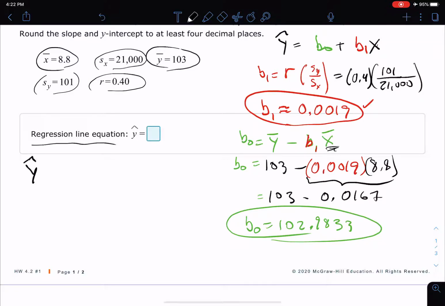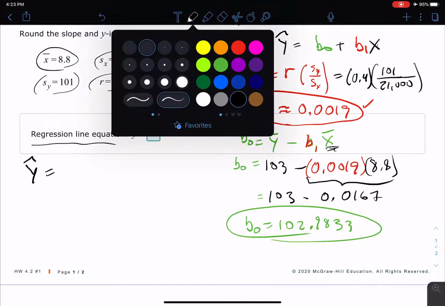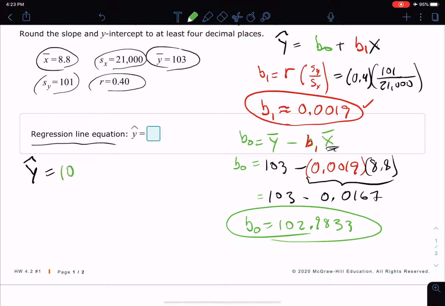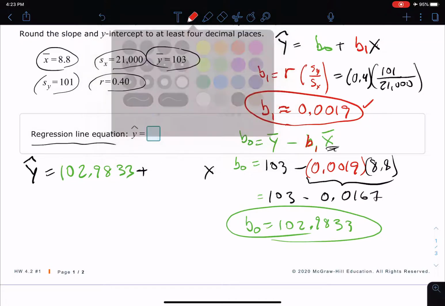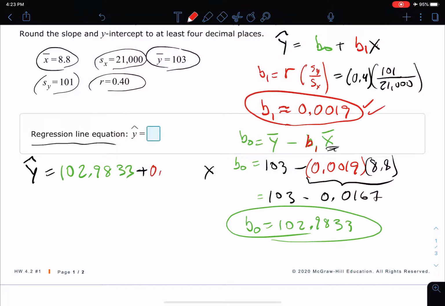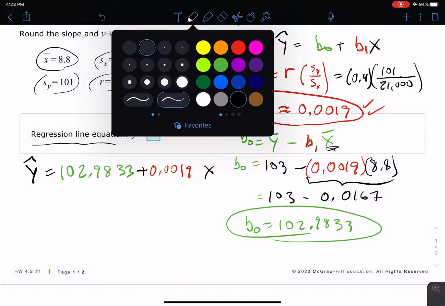And so that's going to be y hat equals my y-intercept, which is b sub 0, 102.9833, plus my b sub 1 value, which once again is right there, 0.0019 times x. So there's my answer.